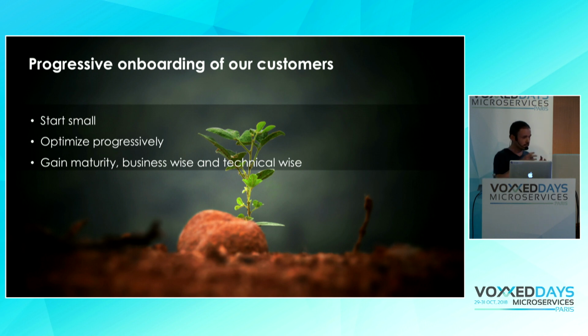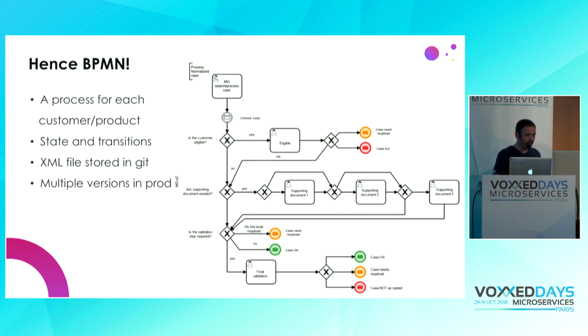So we start simple. And technically, we start with a simple synchronous API, then move on to more sophisticated asynchronous APIs when they have the proper stack. Hence BPMN, which is why we chose it.